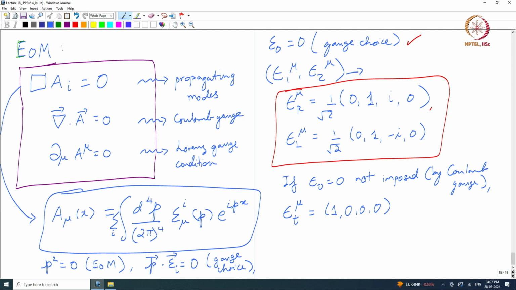Okay. This is sometimes called, I am not sure what it is called, I think it is just called a time polarization, okay, temporal polarization if I am remembering it correctly.